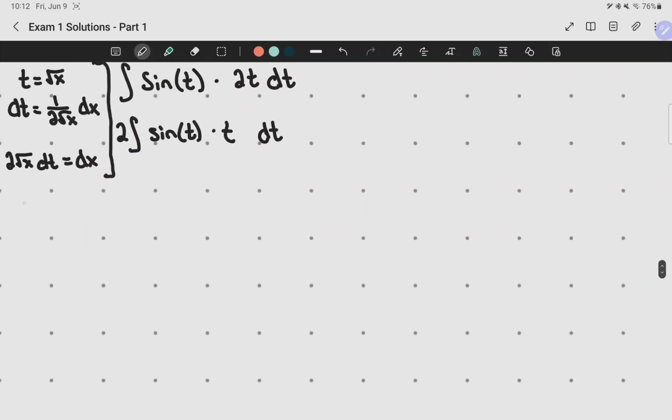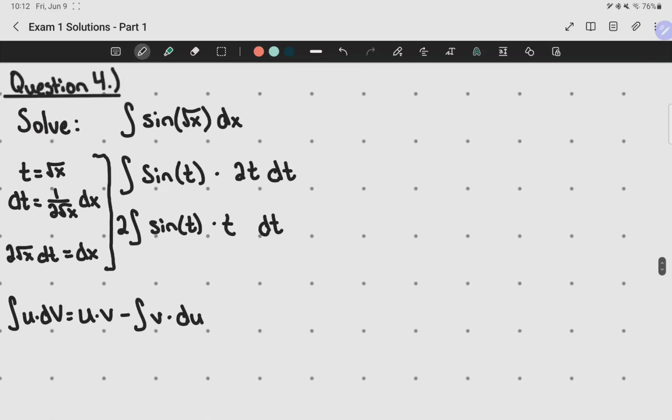The integration by parts formula states the following: the integral of u times dv equals u times v minus the integral of v times du.